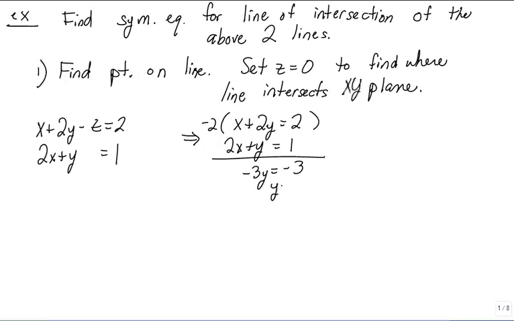So we get y equal 1. And if y equals 1, we plug it into that equation, and we get x equals 0. So here's our point: x is 0, y is 1, z is 0. That gives us a point on the line.